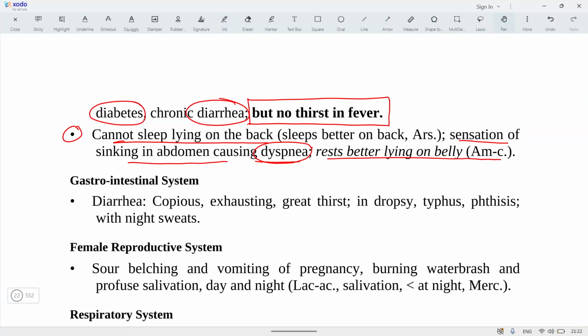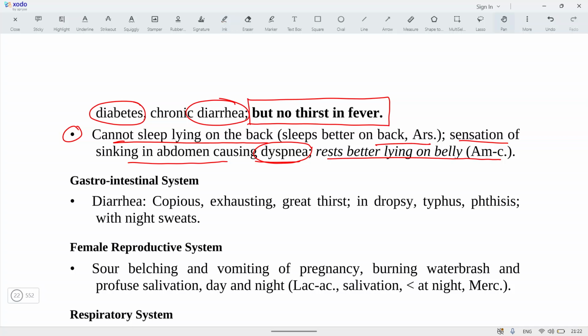Then you can think of acetic acid and ammonia too. But the patient says if I sleep on my belly, then I feel a little bit of amelioration, a little bit better. Then it is a case of acetic acid. But what if the patient says if I lie on my back, my sensation of difficulty in breathing or shortness of breath decreases? It is a symptom of arsenic. So these are vice versa.